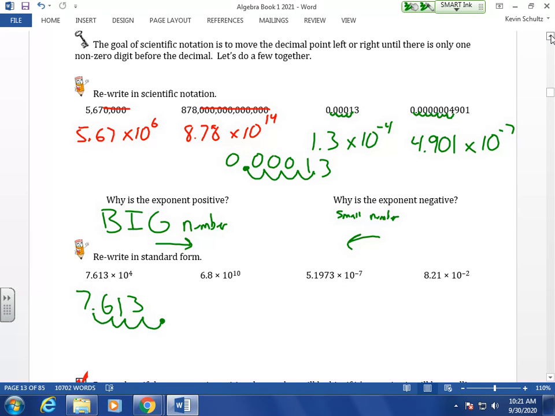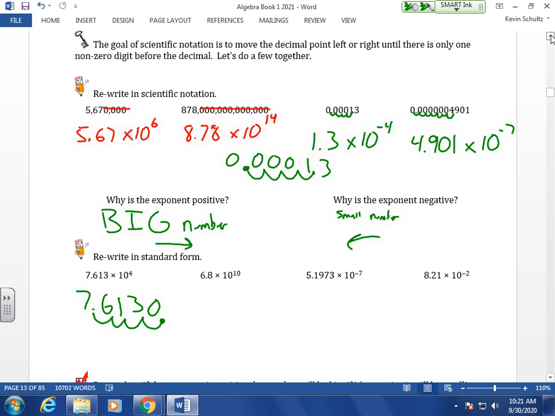What goes in that extra place value? A 0. And so my original number was actually 76,130. Probably just easier to write that one as 76,130, but so we have it. Got to teach you something.